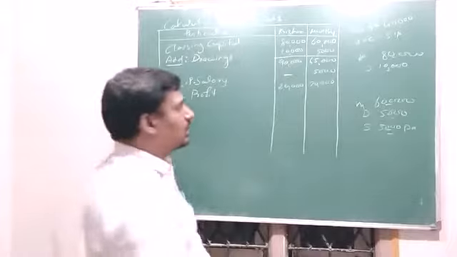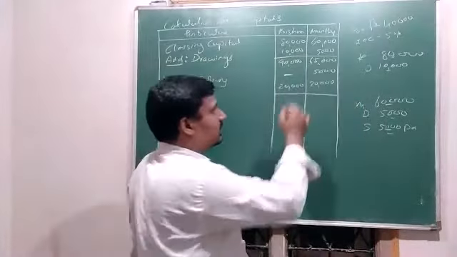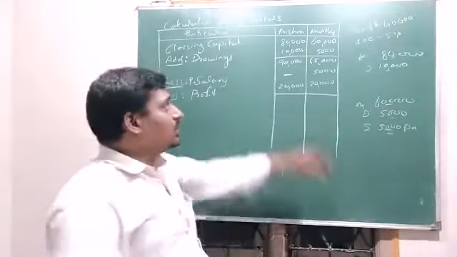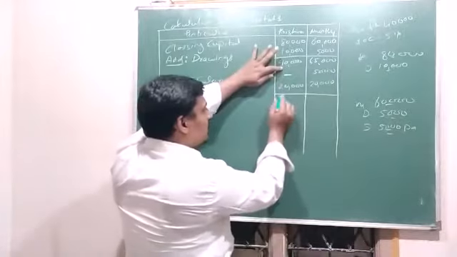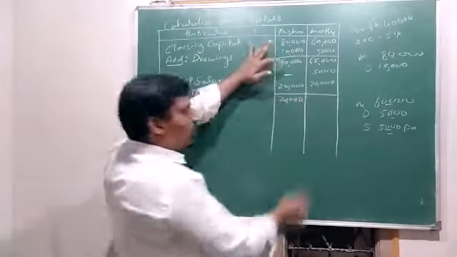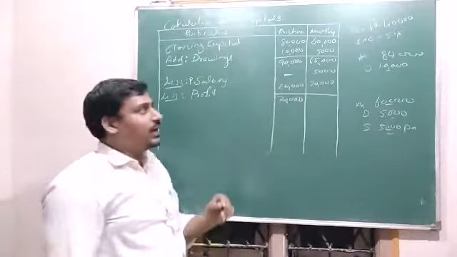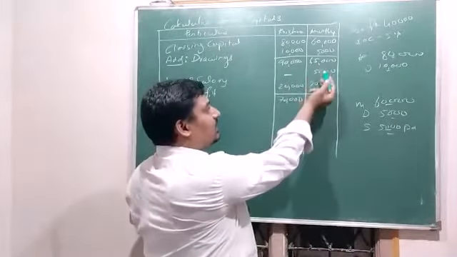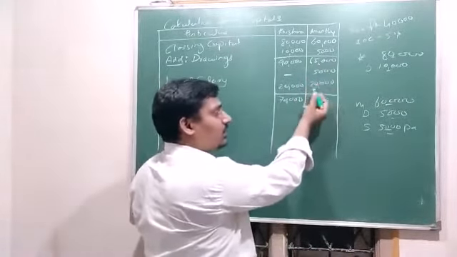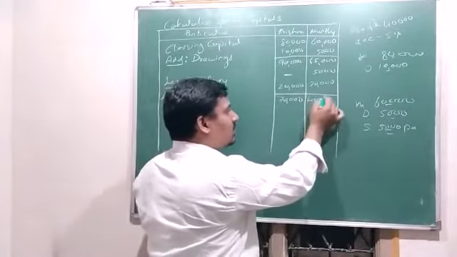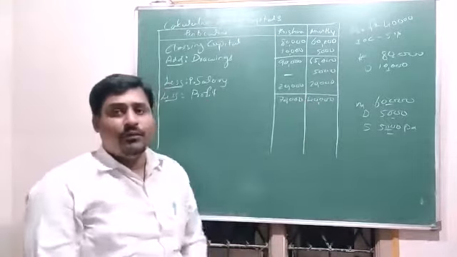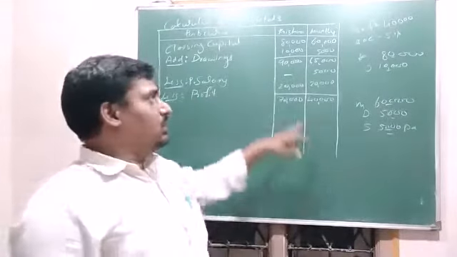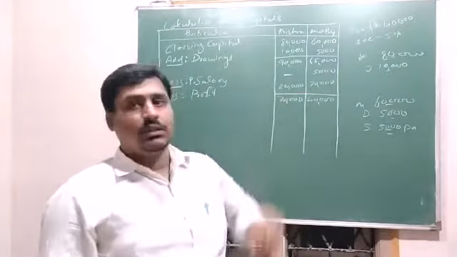If you deduct these from their total capital, 90,000 minus 20,000 gives 70,000, the opening capital of Krishna, and 65,000 minus 25,000 gives 40,000, the opening capital of Murthy. So 70,000 is Krishna's and 40,000 is Murthy's.